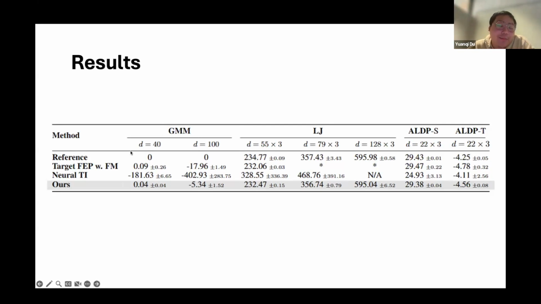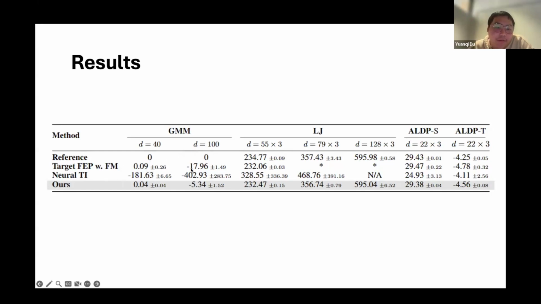For GMM, of course, the ground truth is just normalized, it's 0, and this D means the dimension. For the Lennard-Jones we have 55 particles, 78 particles, and we add an additional, quite hard one, 128 particles, and alanine dipeptide with 22 particles. And we compare with target FEP with flow matching.